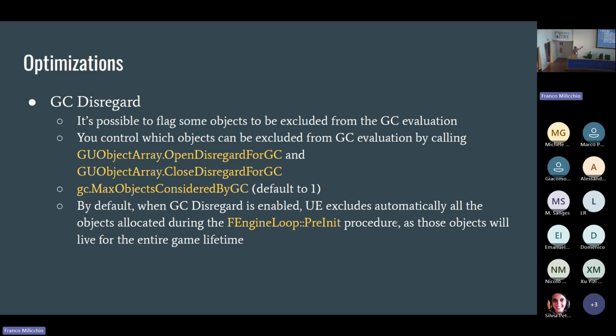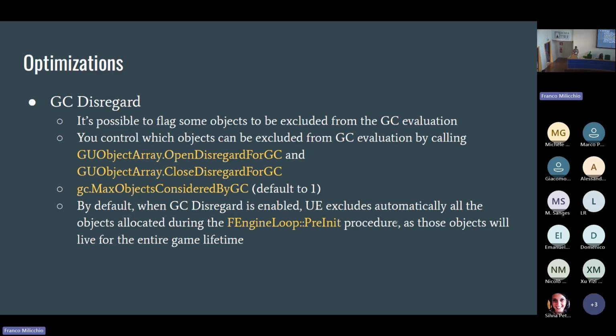That is the command so that you can control how many objects can be considered by the GC disregard. If you put that to 1 or 0, it means that basically it is disabled. And by default, when GC disregard is enabled, UE excludes automatically all the objects allocated during the FEngineLoop PreInit, which is a procedure that runs when you start your game.